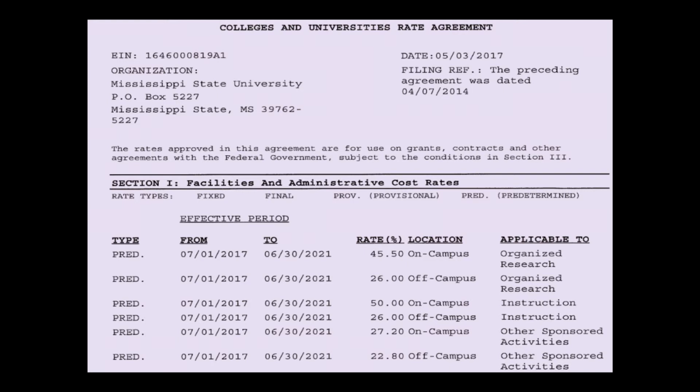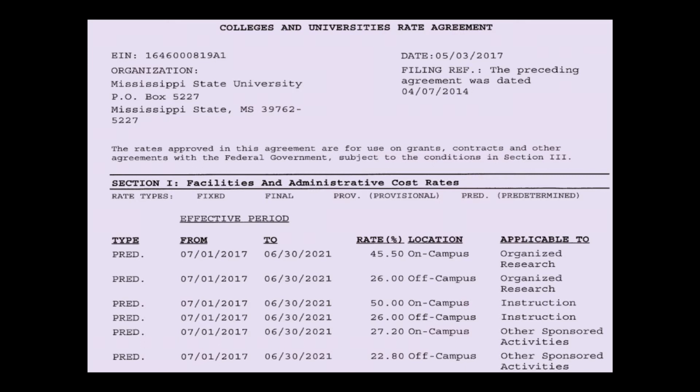And we have 2 rates for each function, one for on-campus and one for off-campus. The on-campus definition here means MSU owns the building, and off-campus means MSU does not own the building. It doesn't rely on the physical location.